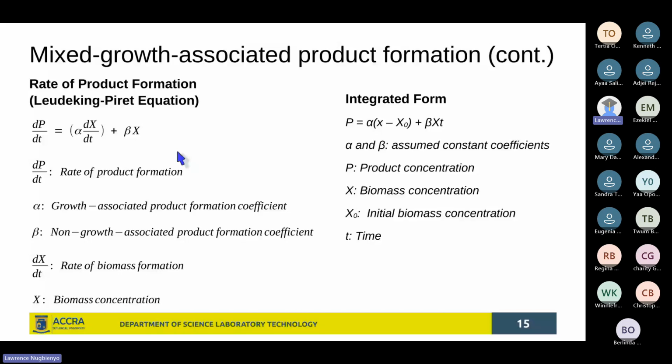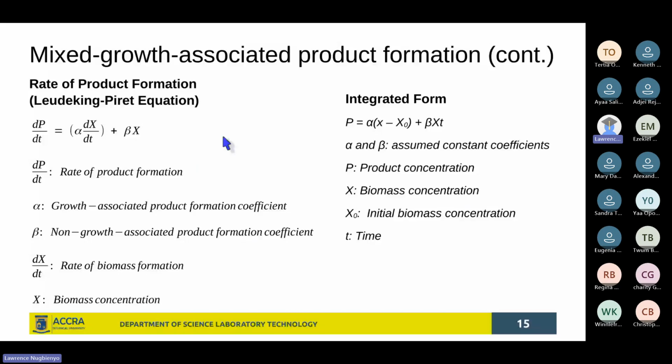a summation of the growth associated system with the non-growth associated system. And so you can see clearly that the rate of product formation is the sum of the rate of product formation in the growth associated and the rate of product formation in the non-growth associated system.